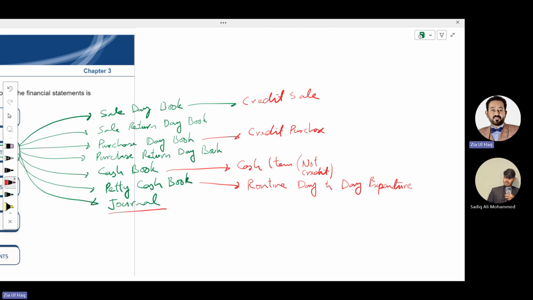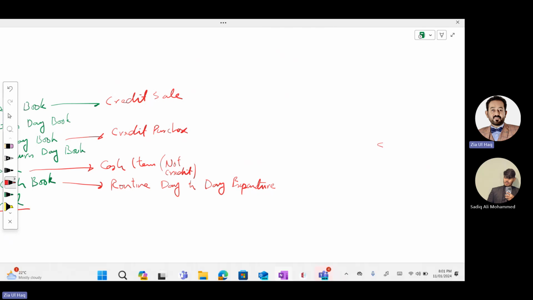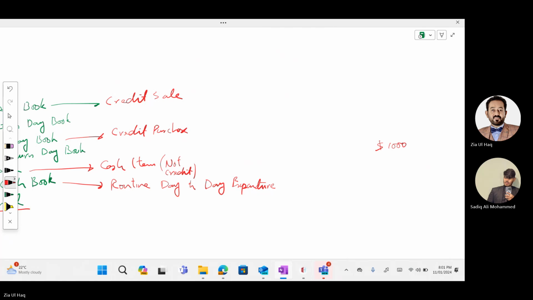How will this petty cash be maintained? At the start of every month, suppose the company has calculated that our normal petty cash expenditure is, say, $1,000 every month. So what does the company do?